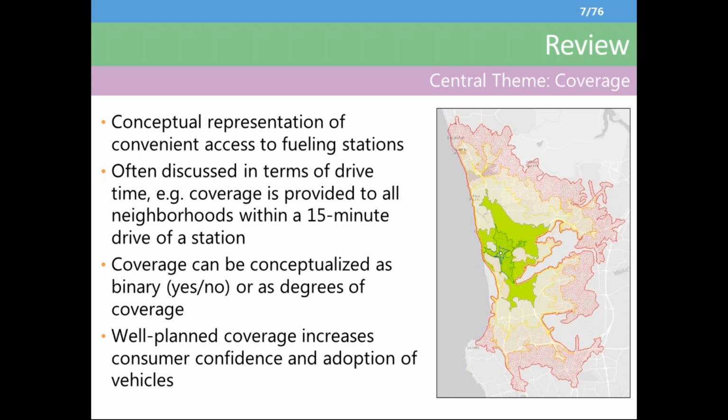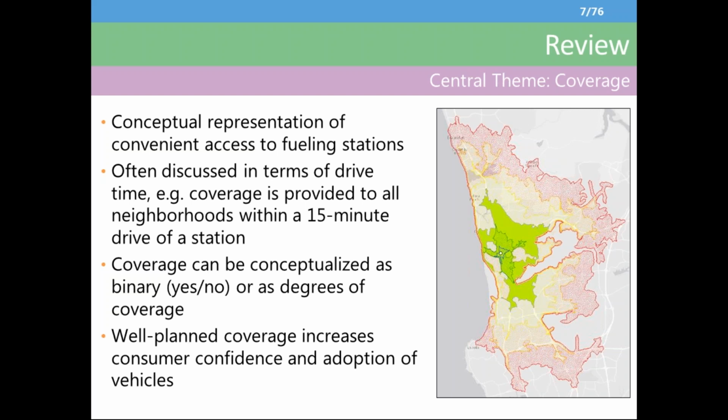It's often discussed in terms of drive time. So essentially, a coverage might be provided to all neighborhoods within a 15-minute drive of a station, for example, and it can be conceptualized either as yes, a neighborhood has coverage, or no, it doesn't, or it could be assessed in terms of degrees of coverage.